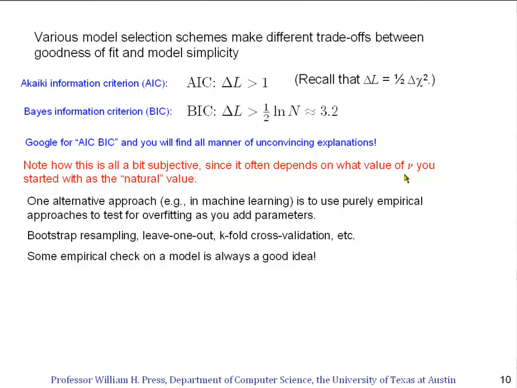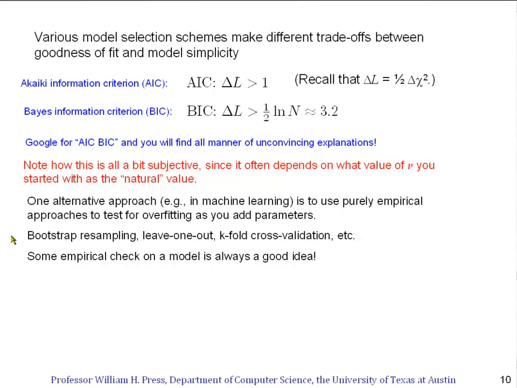Now there are alternative approaches to AIC and BIC. I'm going to put 2 of them in the small amount of space remaining on this slide, so this is probably something that you should follow closely. In machine learning, people tend to use purely empirical approaches to test for overfitting as they add parameters.